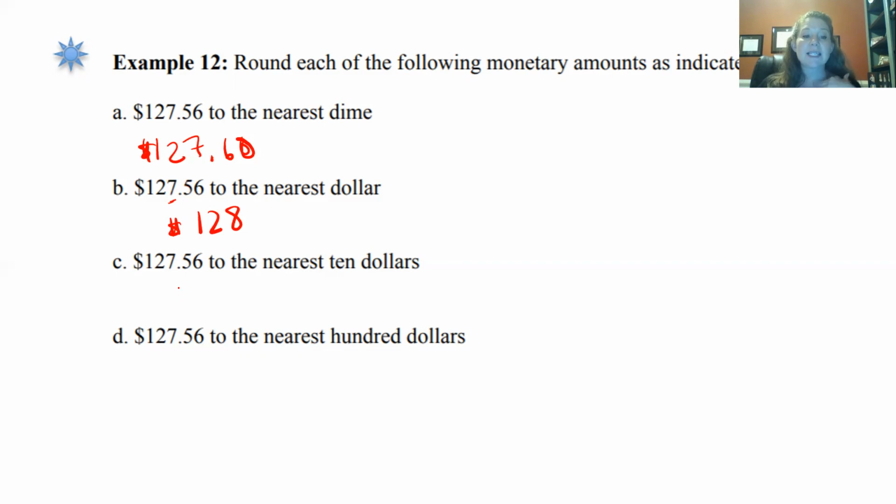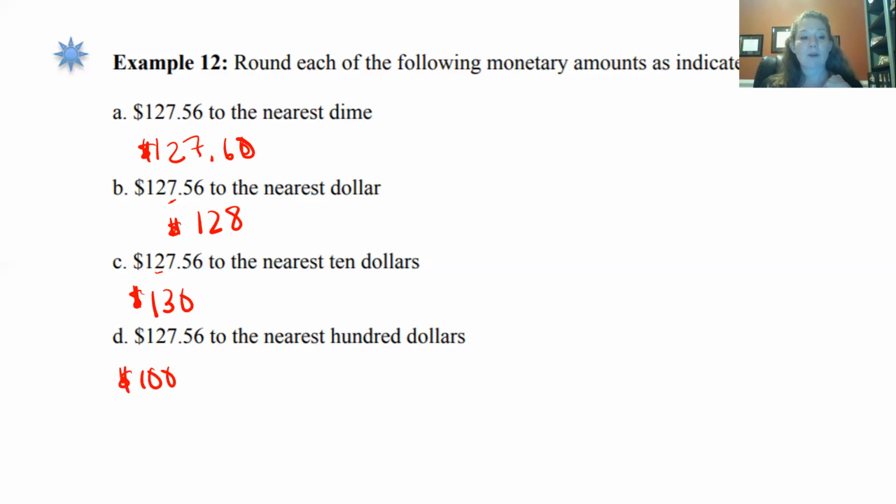To the nearest $10, the 2 is in the $10 place. So the 7 makes me round the 2 up to a 3. So that's about $130 rounded to the nearest $10. And then finally to the nearest $100, is this closer to $100 or $200? Well, that's a small number, a 2, so this is closer to $100.